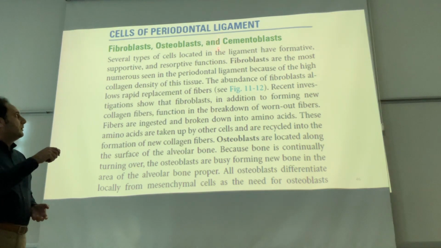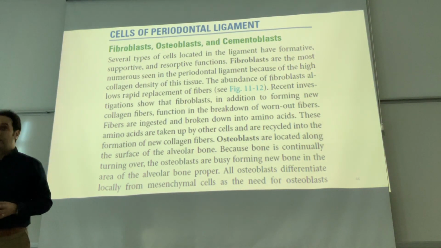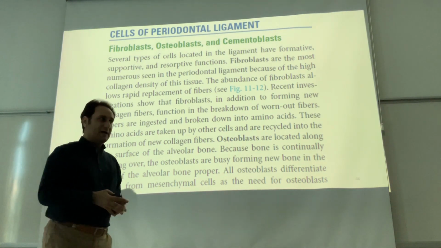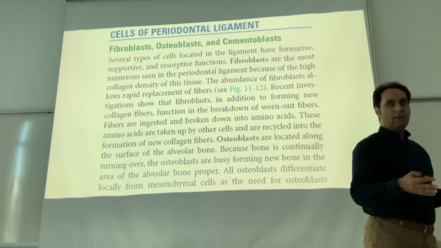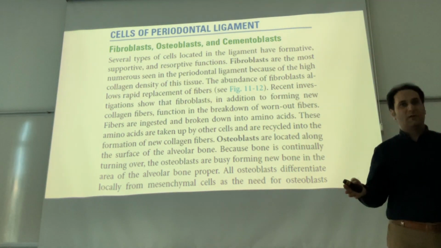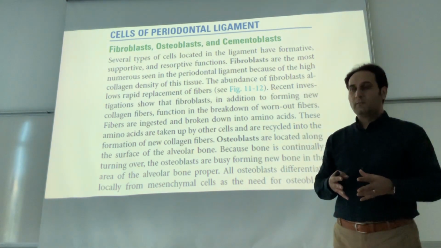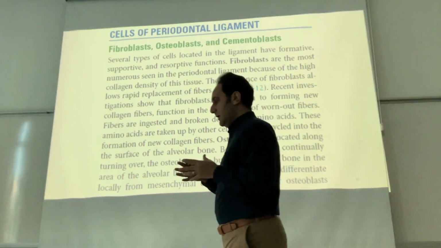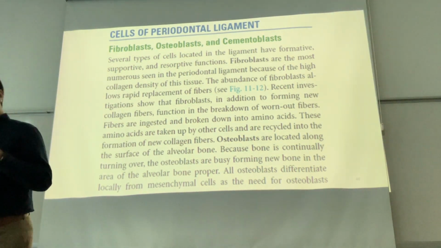And also, near the cement structure, we have cementoblasts. As you know, we don't have a structure like periosteum around the cementum, or a pericementum structure. The cementum is supported, again, by the periodontal ligament, okay?